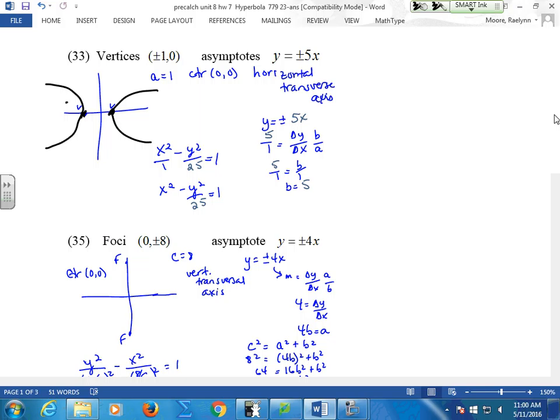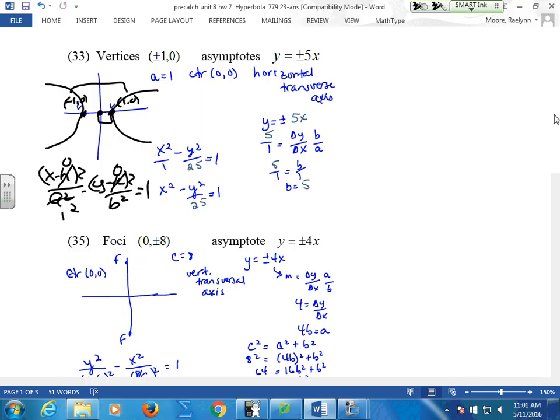If this is (negative 1, 0), and this is (positive 1, 0), what's the midpoint? The midpoint is the averages of the x's. Negative 1 plus 1 divided by 2 is 0, and 0. There's my center. So I know my x comes first. I start like this. So I know (0, 0). The distance from here to here is 1. A is 1.